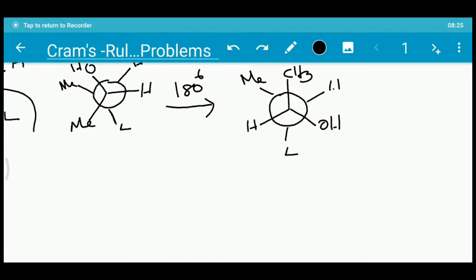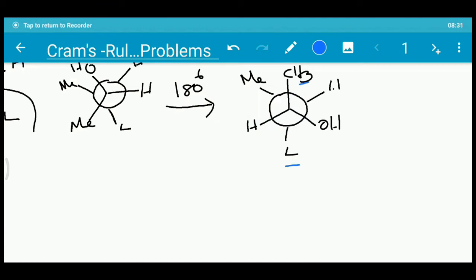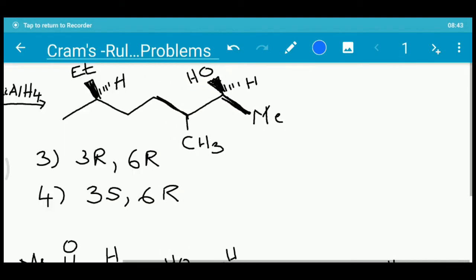Now according to this structure, you can see our methyl and large group are anti to each other, and our methyl and OH group are anti to each other.